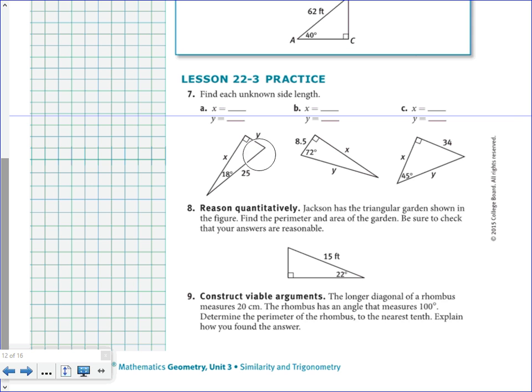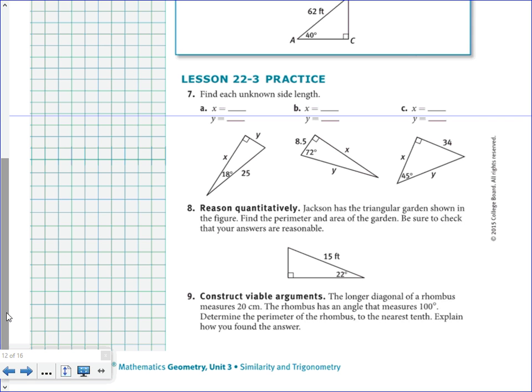It's just not going to be how I'm going to work through it. And yes, once you find one of the side lengths, you could use Pythagorean theorem to find the third side. But since we are working on our trig ratios, I'm going to encourage you to use your trig to find the sides. On your quiz or test, I don't care. Just, I would encourage you to practice using your trig ratios. So that's what I'm going to work through.